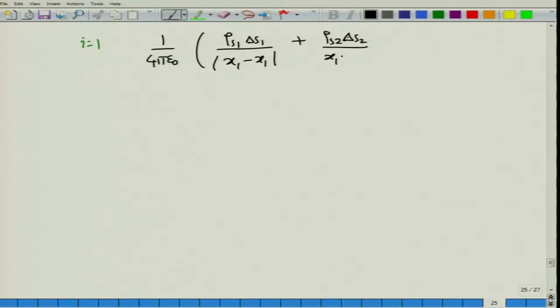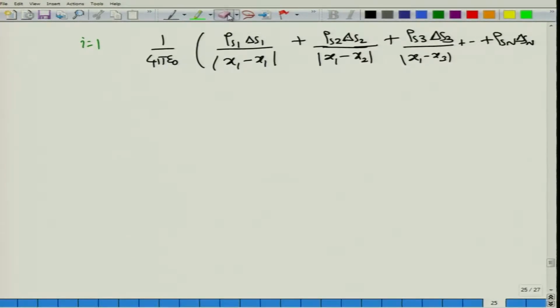The point where I am evaluating the potential is still x1, but the source is located at x2, that is, on the x-axis it is located at x2. Similarly, you get rho s3 delta s3 divided by x1 minus x3, all the way up to rho sn delta sn.